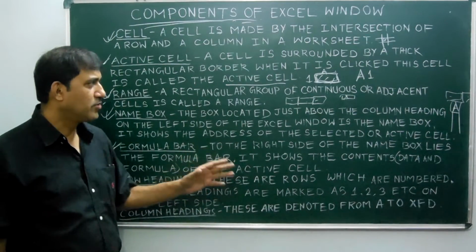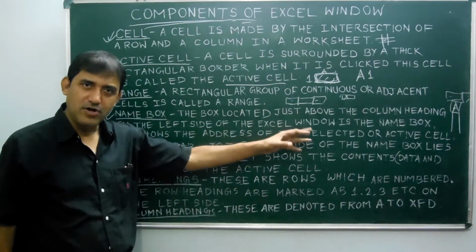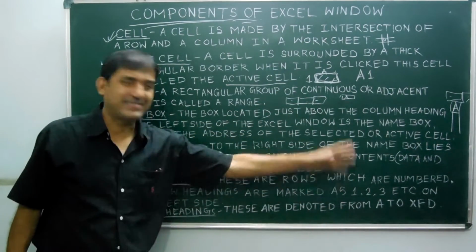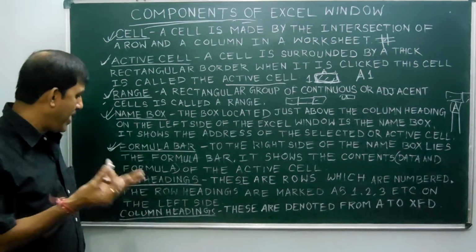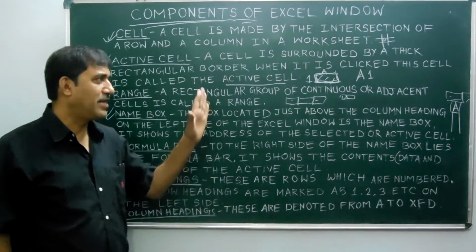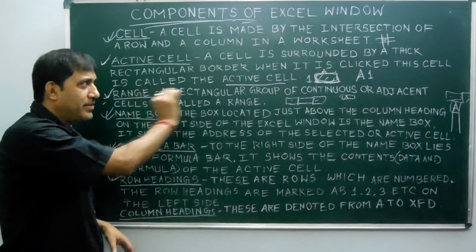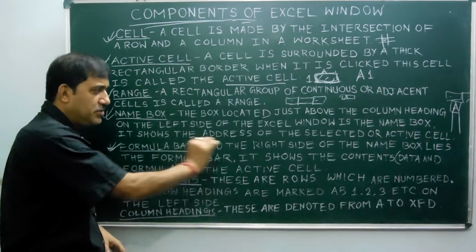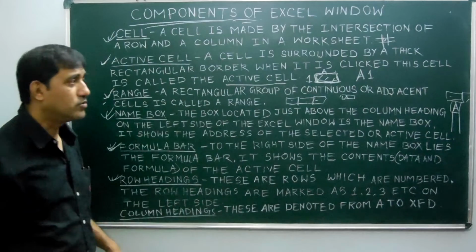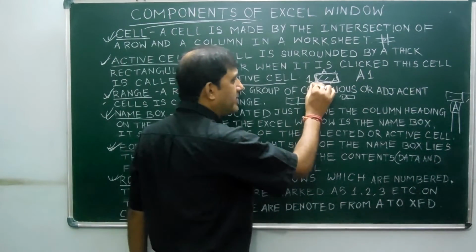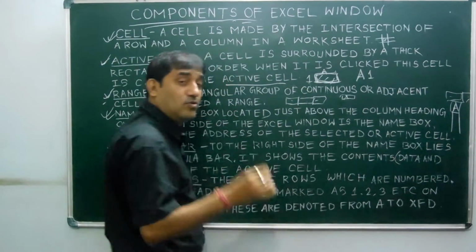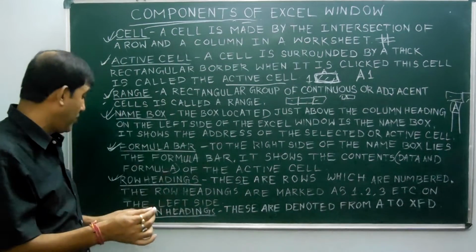They are numbered 1, 2, 3, 4, and so on, on the left side. Over here 1 is there, 2 will be here. These are the rows, and it goes down like this.